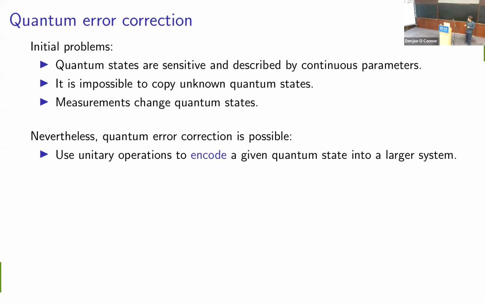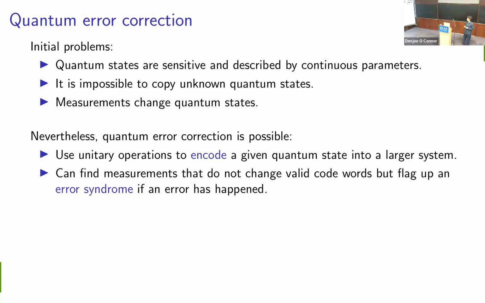And the idea here is that even though we can't copy unknown quantum states, we can do other ways of spreading our information across a larger quantum system. So for example, we might start with 1 qubit and not exactly copy it, but use a unitary, well, unitary operation isn't quite the right word here because it's not necessarily going to be unitary, but some embedding to put our quantum state into a larger system.